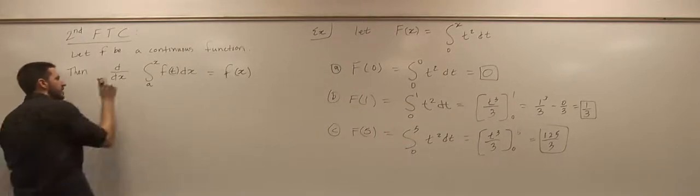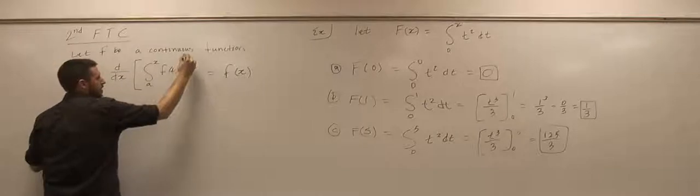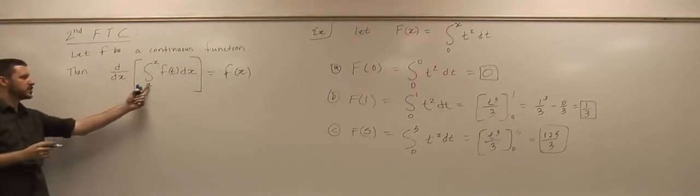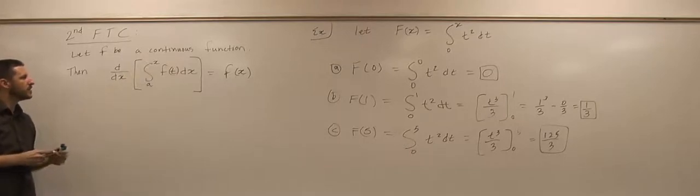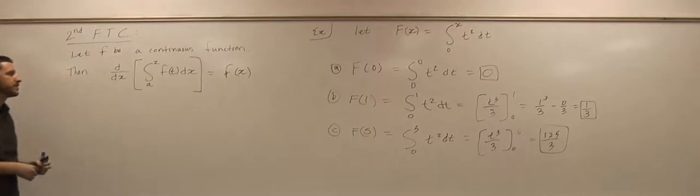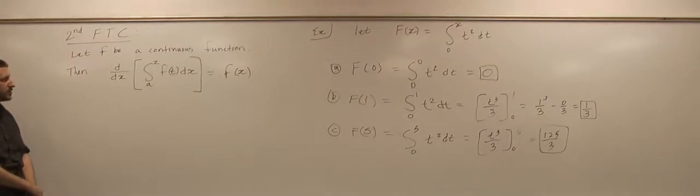So if you take the derivative with respect to x, remember we called these accumulation functions when you go from a constant to x. If you take the derivative of this guy, you get back f of x. Do you believe this?